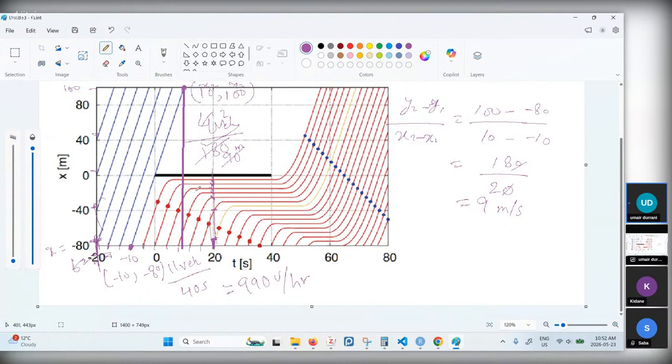One, two, three, four, five, six. Within 40 meters, here I only count six. They say eight. How about we take like t equals to 40 seconds?